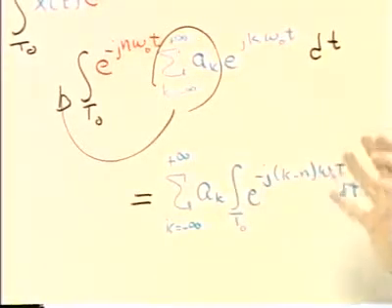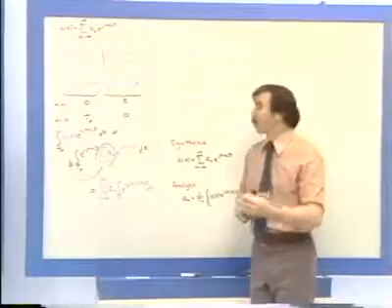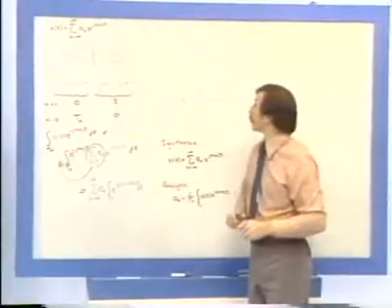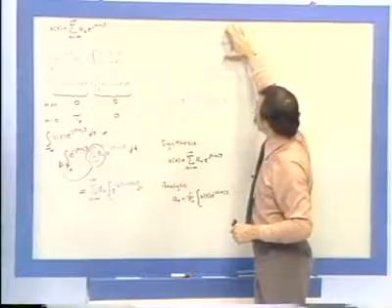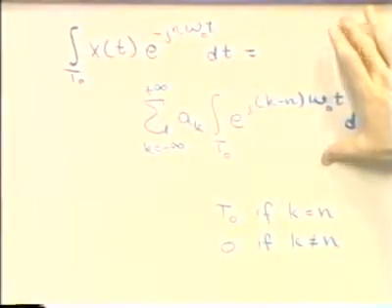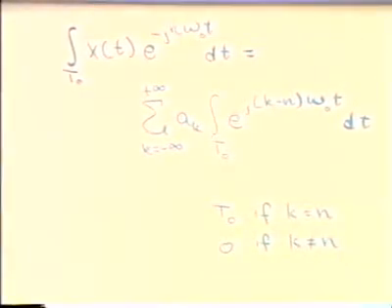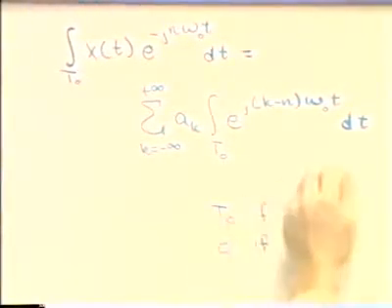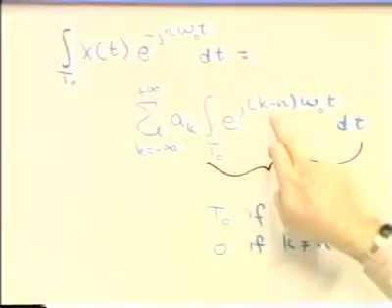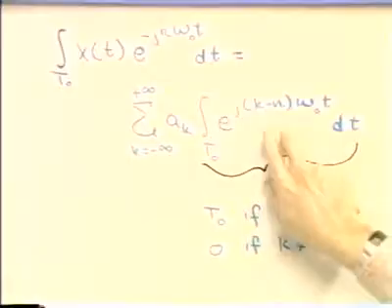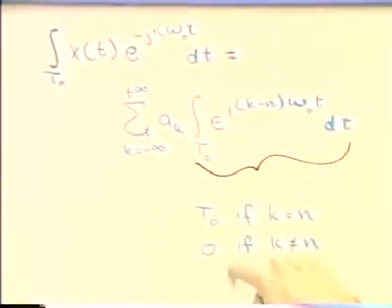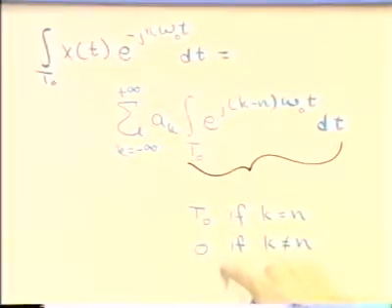Multiplying both sides of the Fourier series and then doing the integration leads us, after the appropriate manipulation, to the expression that I have up here. This integral is equal to t0 if k is equal to n, and it's 0 otherwise, which is what we had demonstrated previously.